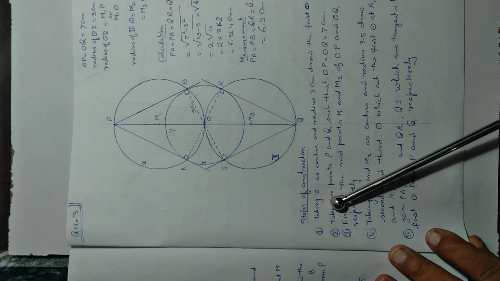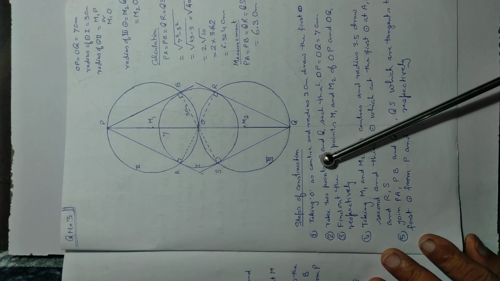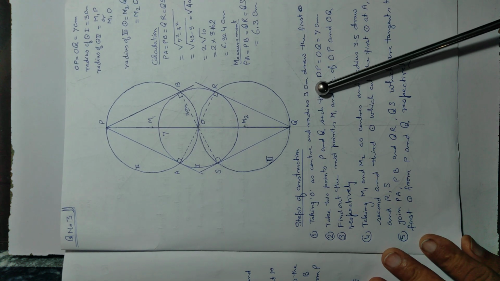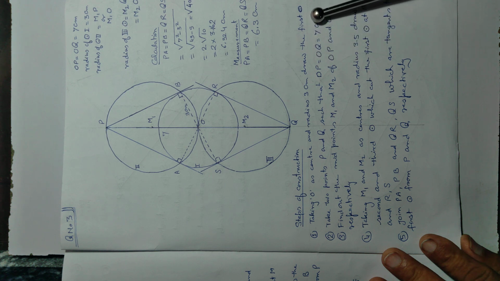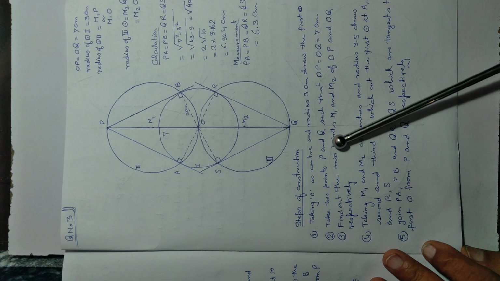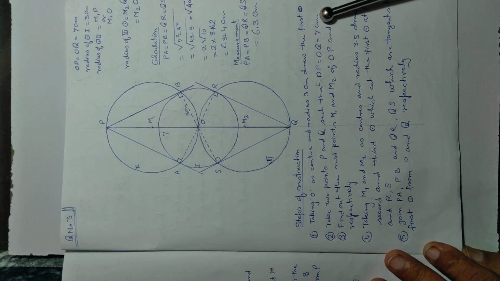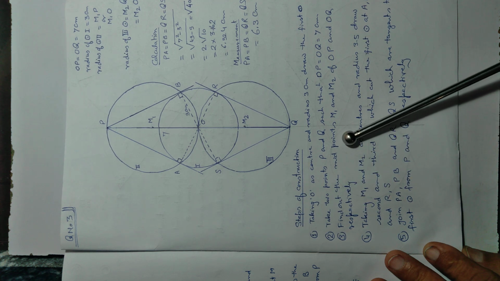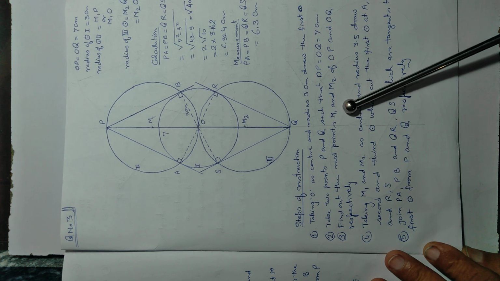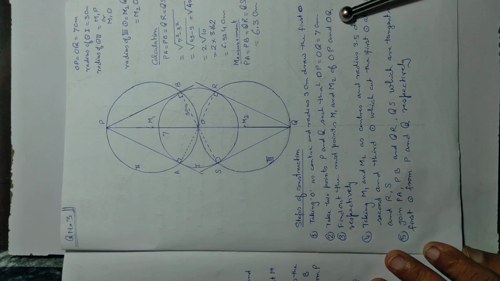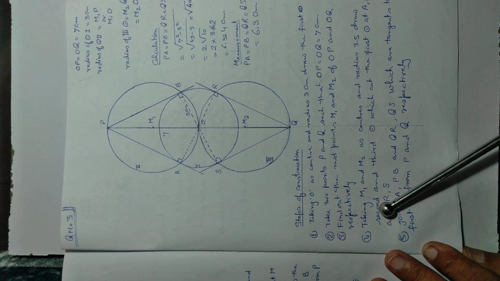Steps of construction, you see. Taking O as a center and radius 3 centimeter, draw the first circle. Take 2 points P and Q such that OP is equal to OQ, that is equal to 7 centimeter. Find out the midpoints M1 and M2 of OP and OQ respectively.